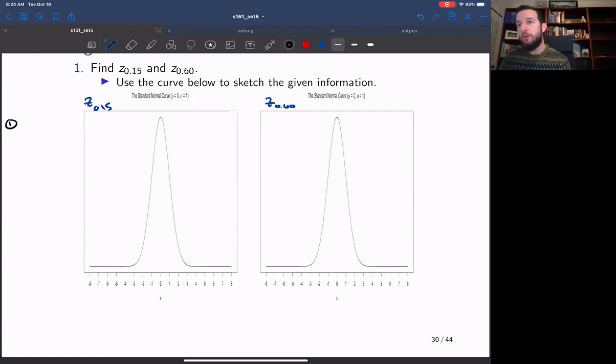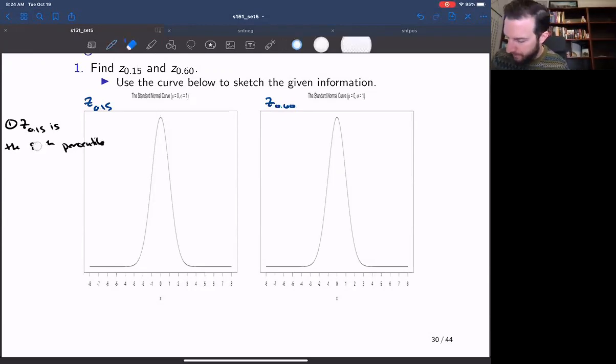Now just for clarity, based off of the previous discussion, this value here is the 85th percentile.